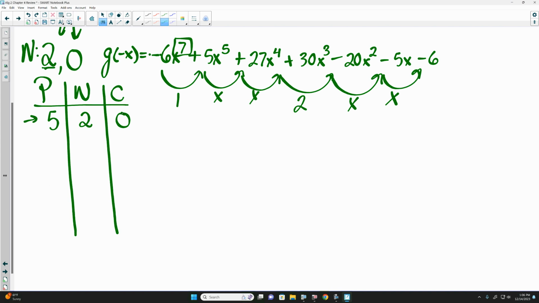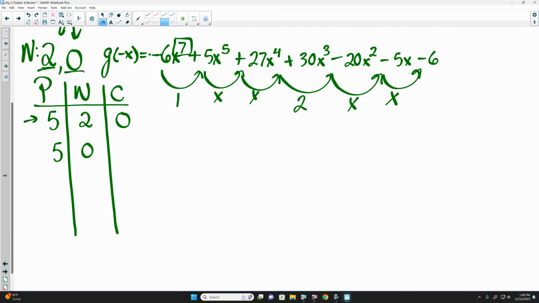Now what I normally do is I just subtract 2 from our negatives, because again we said we can have that number of negatives or less than it by an even amount, less than it by 2. So I can take 2 away from our negatives and get 0, because that's our other choice. So we can have 5 positive solutions and 0 negatives, which gives me a total of 5.